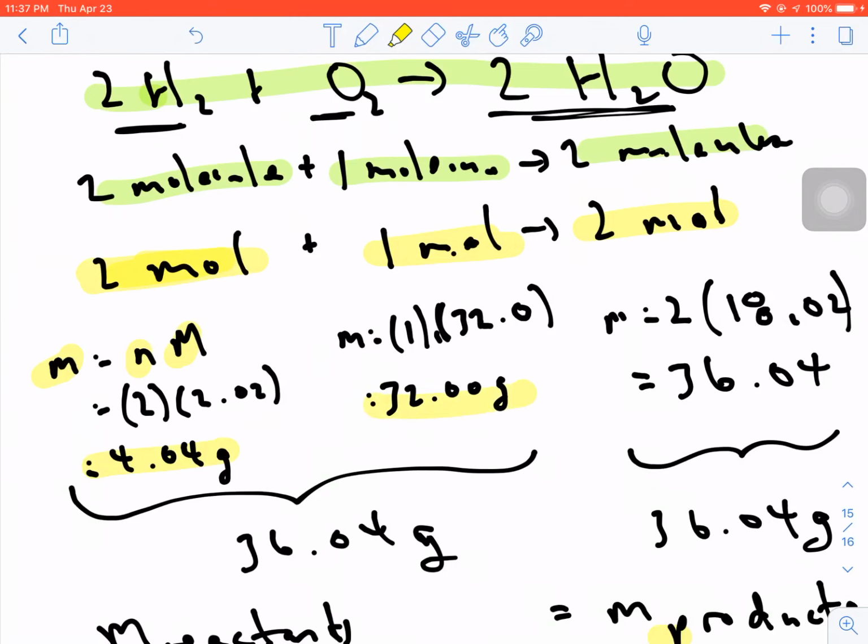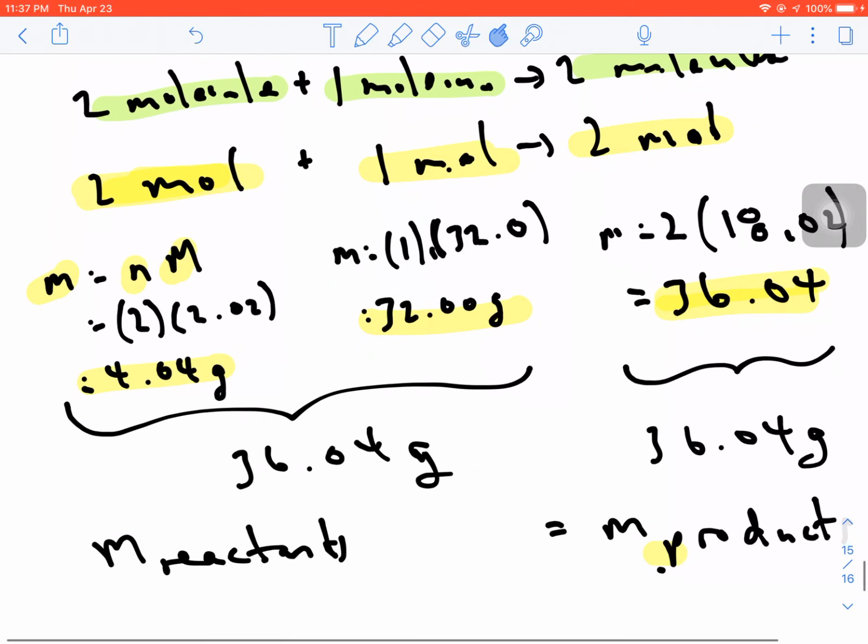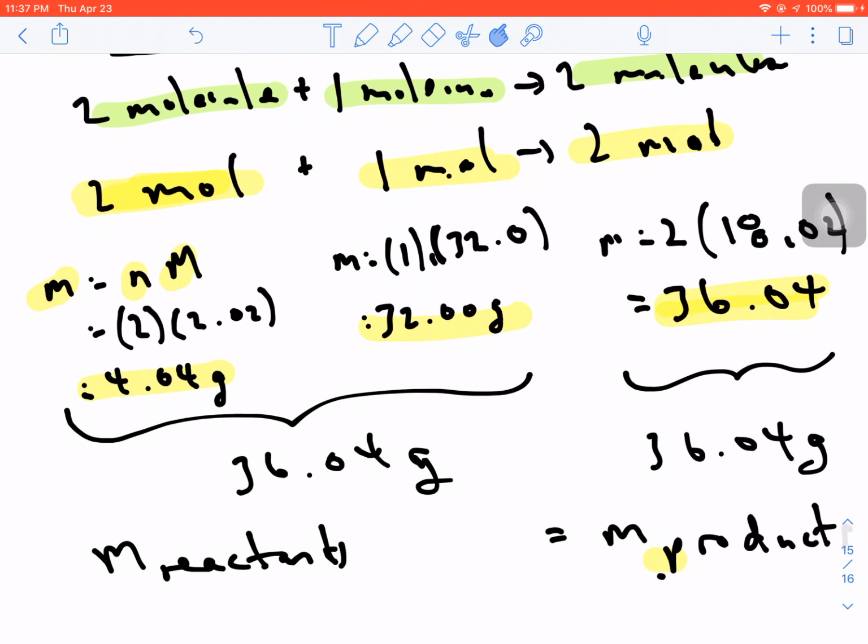Then lastly, I want to calculate the number of grams of water that are going to be made. So if I get 2 moles of water being made, and I can calculate the molar mass for water like we did on our test, 2 H's plus 1 O is 18.02 grams per mole, that tells me that I will get 36.04 grams of water. Really the purpose of this exercise was to confirm, yet again, our law of conservation of mass.